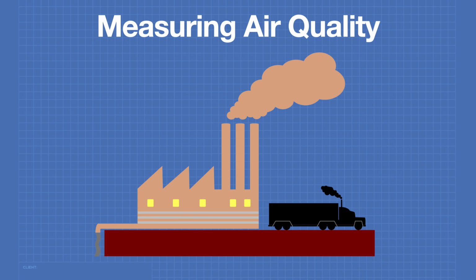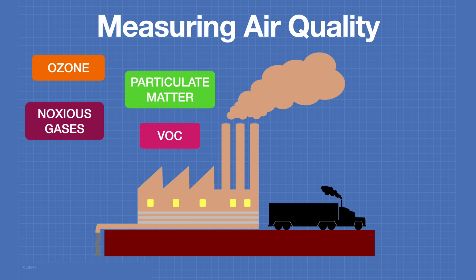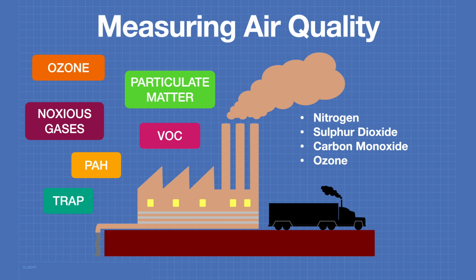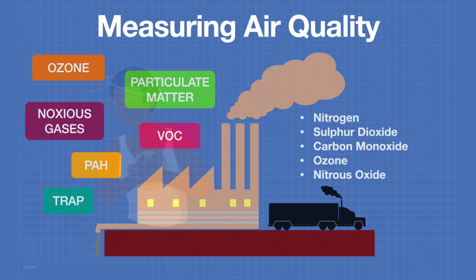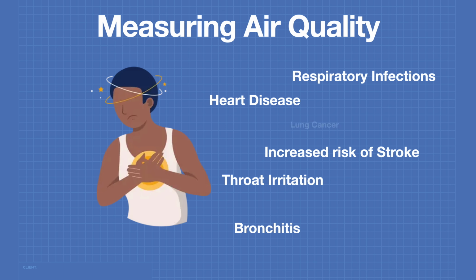There are many different pollutants in our atmosphere: ozone, particulate matter, noxious gases, volatile organic chemicals, polycyclic aromatic hydrocarbons, and traffic-related air pollution. Chemicals include nitrogen, sulfur dioxide, carbon monoxide, ozone, and nitrous oxide. Polluted air can aggravate or be responsible for many different medical conditions.